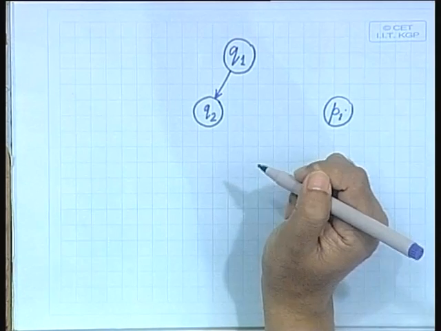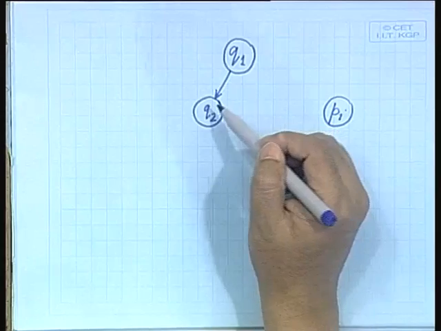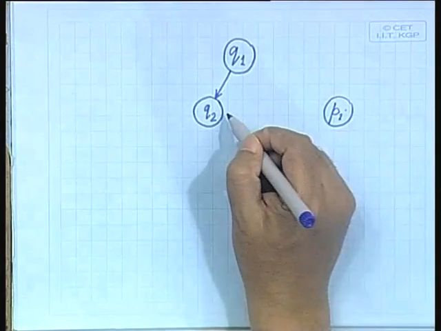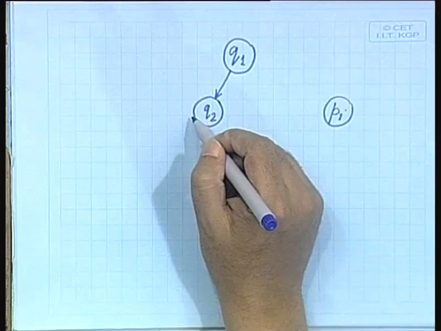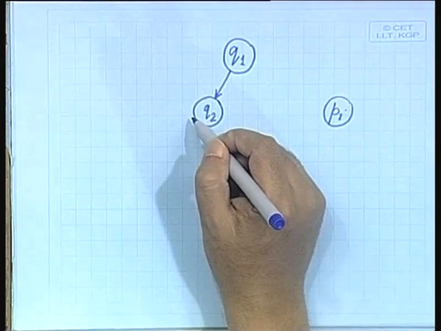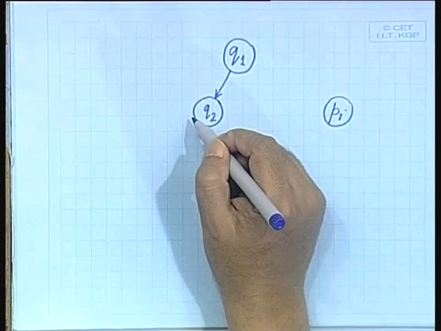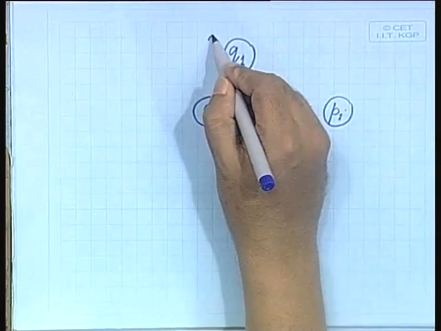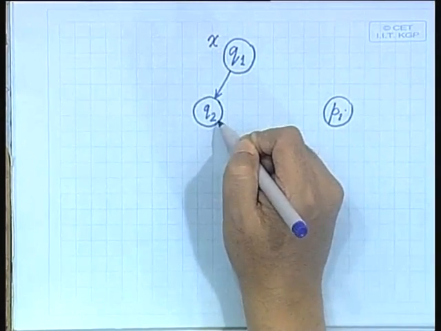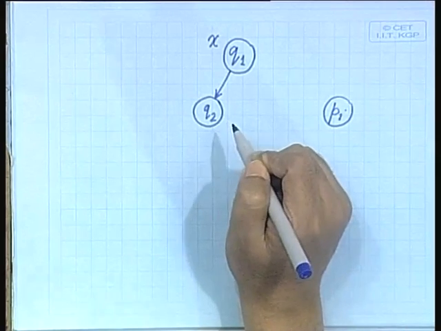Now, see that none of the processes which are active in the second round started with the value x. Suppose Q2 is active in the second round.